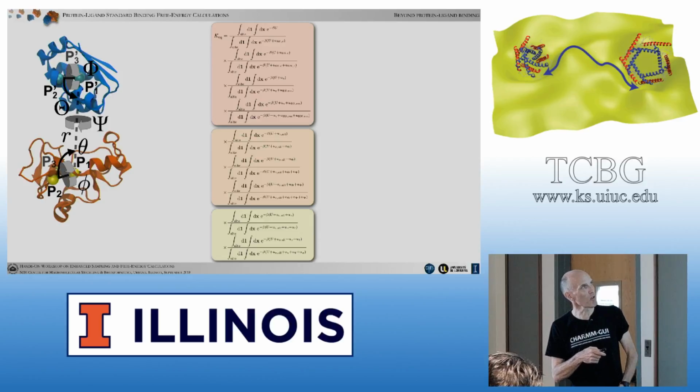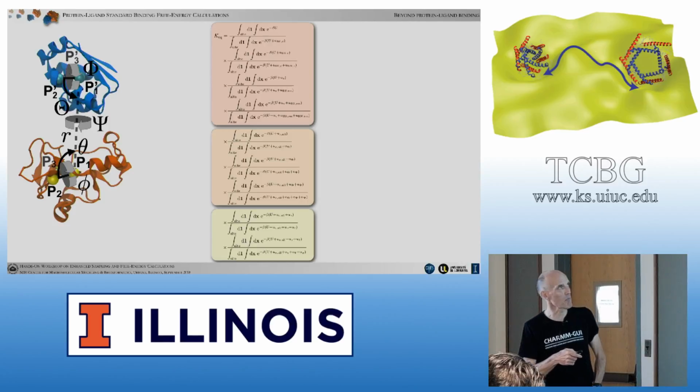Here we have the backbone RMSD for bar star barnase, the side chain RMSD, and then the usual Euler angles and polar angle.